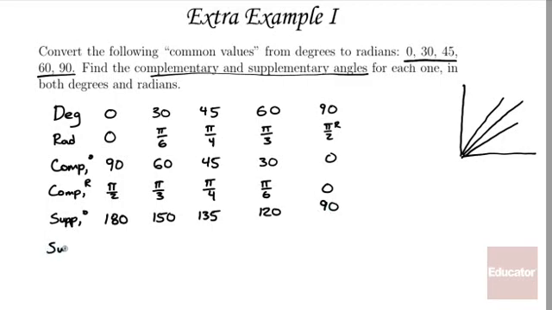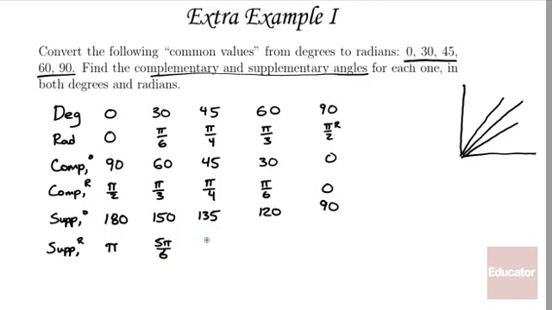And finally, if we find the supplementary angles in terms of radians, remember, before they added up to 180 degrees, in terms of radians, they should add up to pi. So 0 plus pi adds up to pi. Pi over 6 plus 5 pi over 6 adds up to pi.